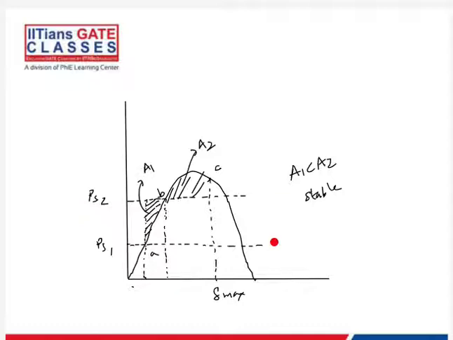The final settling point B can go beyond this, but it should be such that it keeps swinging. Okay, good. So this is a stable condition: if A1 is less than A2, it is a stable condition.